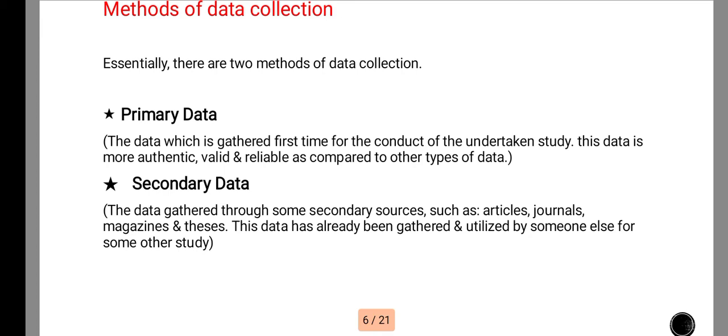So this data is more authentic, valid, reliable, because it is collected for the first time and used for the first time. It is original and genuine. And secondary data is data gathered through some secondary sources, such as books, articles, journals, theses, or any literature. So this data has already been used, gathered, utilized by someone else, right? So this can be less authentic or less valid as compared to primary data.